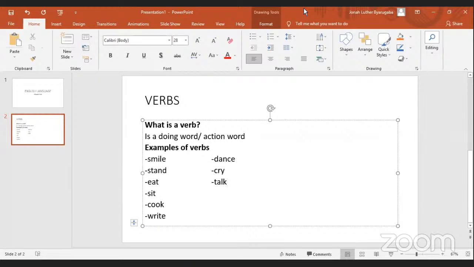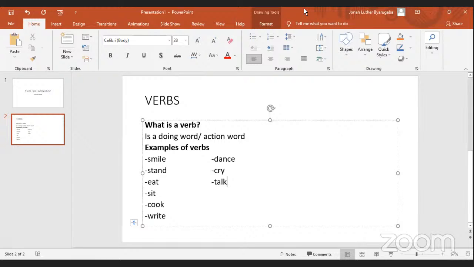Just imagine if somebody told you smile and they don't see any reaction. They say stand, no reaction. They say eat. They will say, is he deaf? Is she deaf? Can she hear? What is wrong with her? They will start asking questions because verbs must be responded to by actions.